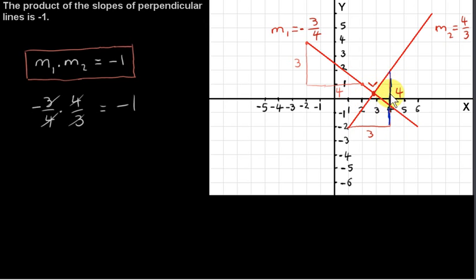So if we rotate a vertical line by 90 degrees, it will become a horizontal line. So we'll have a line that looks like this. It's 4 units long. And this line here, which is horizontal, when rotated by 90 degrees, it becomes vertical.